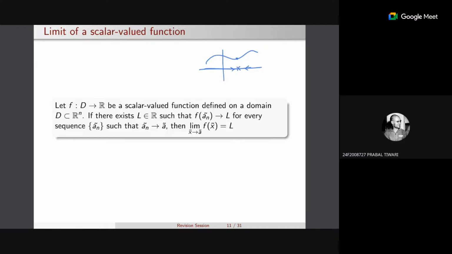This is why you have the right-handed limit and the left-handed limit. There's this notion that the right-handed limit should equal the left-handed limit.